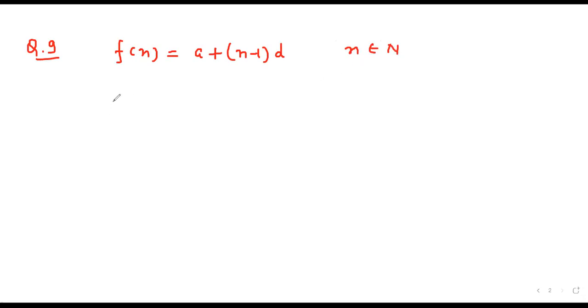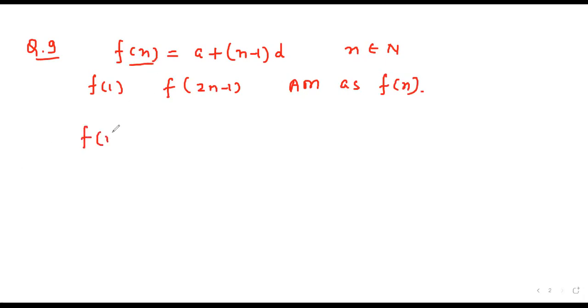Then we have to show that f(1) and f(2n - 1) have arithmetic mean as f(n). So here we can get the first one by putting n = 1. So f(1) will be equal to a + 0, that is a.